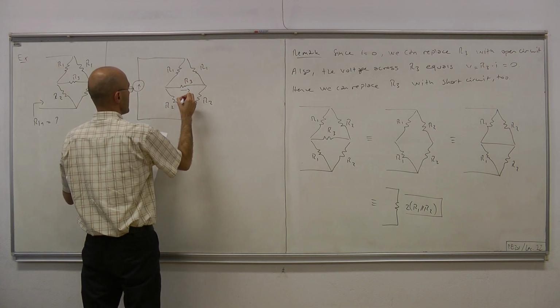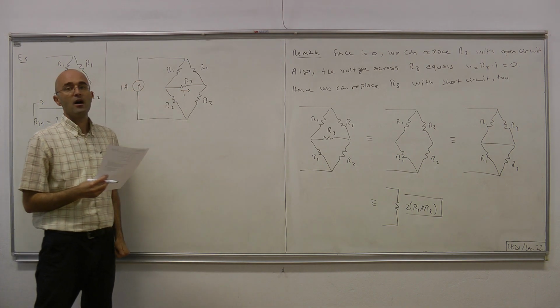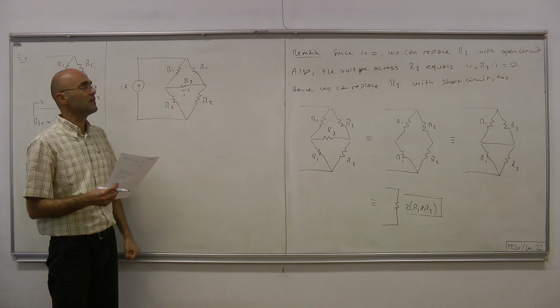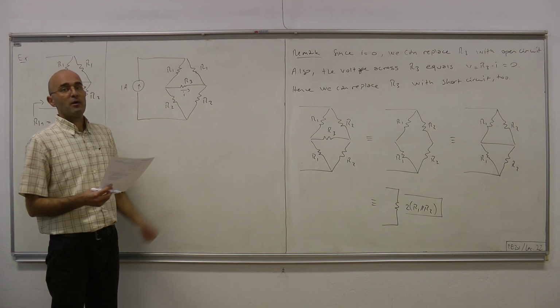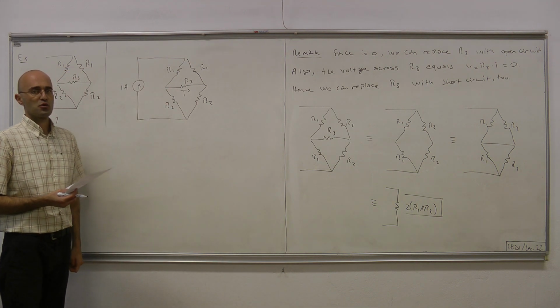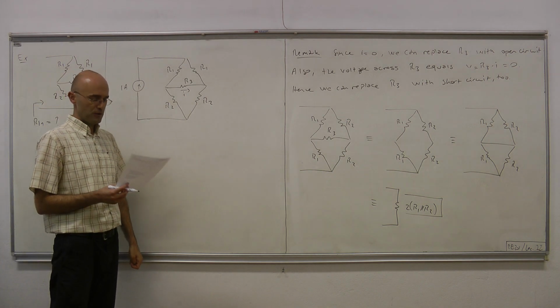And suppose that, again, we're interested in whether there's any current flowing over R3. If there isn't, then we can just take it out and replace it by an open circuit, or replace it with a short circuit. In either case, it's easy to figure out the input resistance.